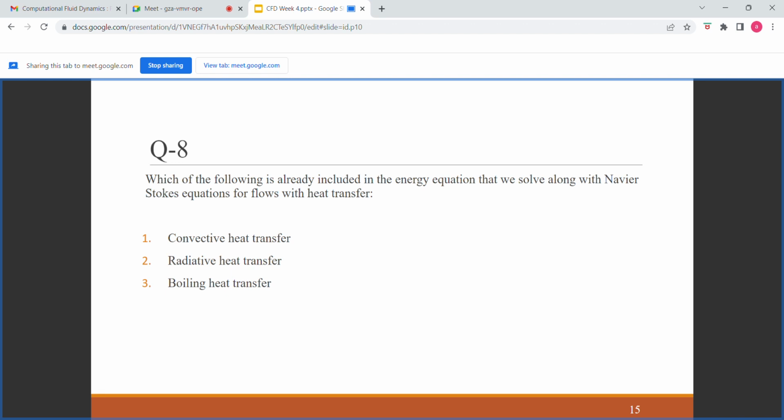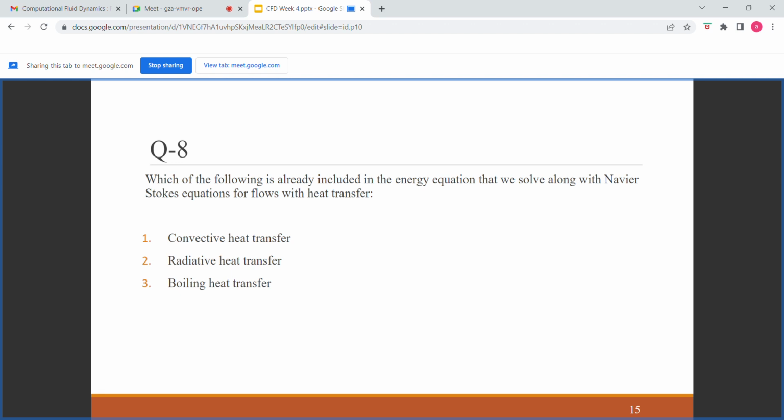So additional equations should be included when we are dealing with boiling heat transfer, or cooling, or whatever phase changes are involved. But in the normal energy balance equations that we solve along with the Navier-Stokes, the convective heat terms are already coming into the picture.